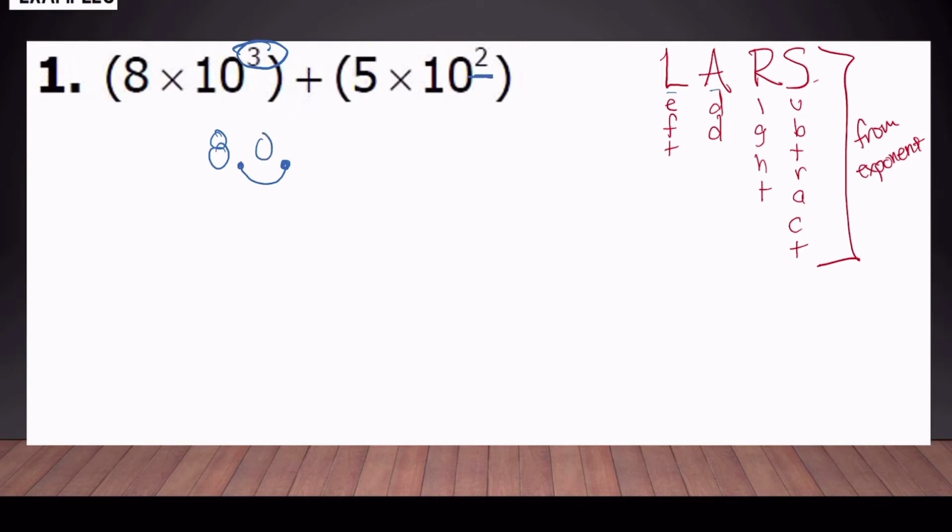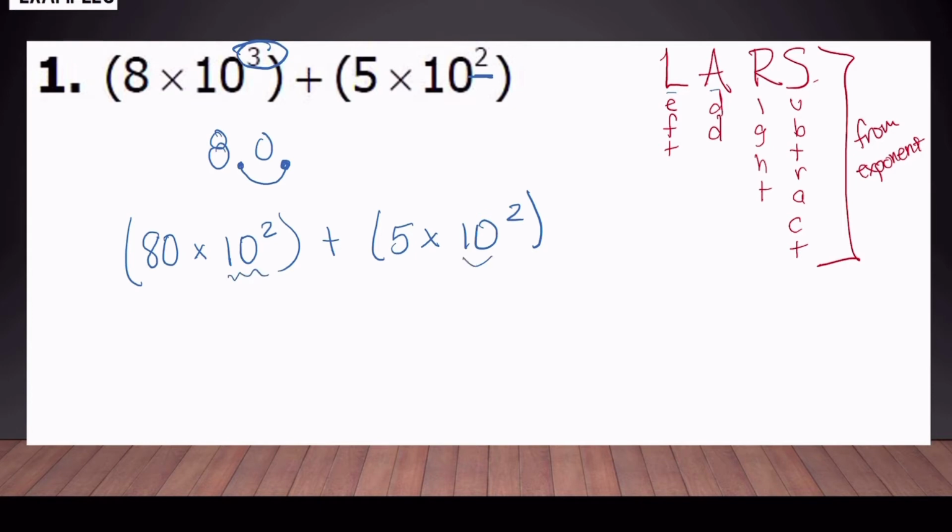So that leaves me with an 80 here. So now I have 80 times 10 to the second power. That is all one number, that is one value. Plus 5 times 10 to the second power. Now what I have here, these are the same. So I can just add 80 plus 5 and get 85. And then I write my power.